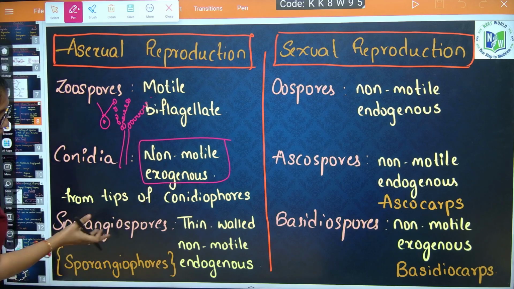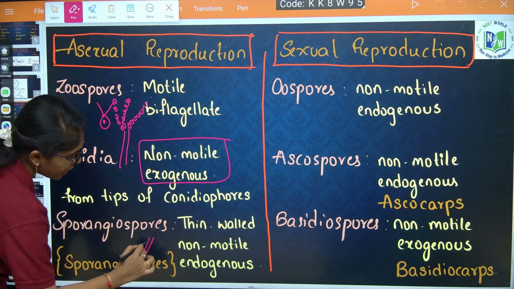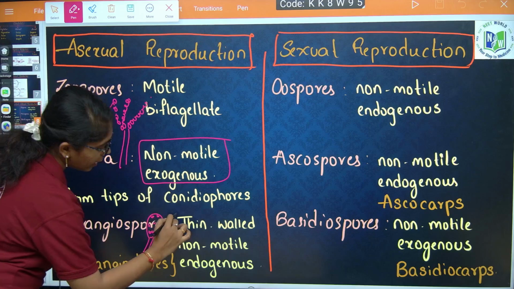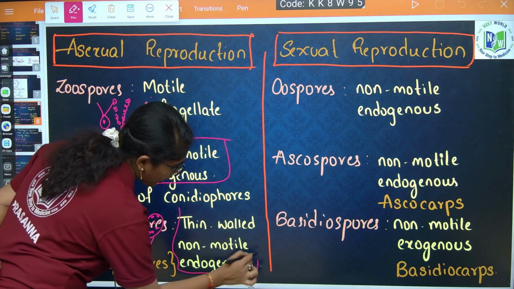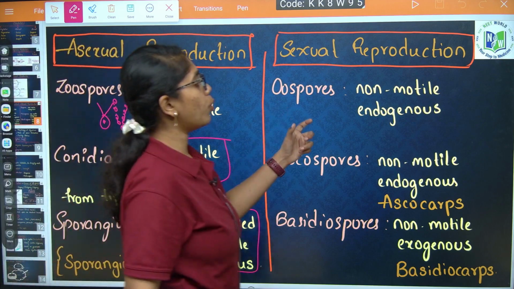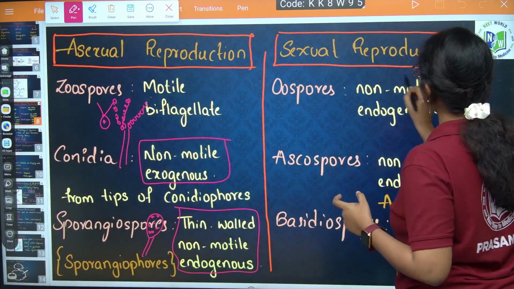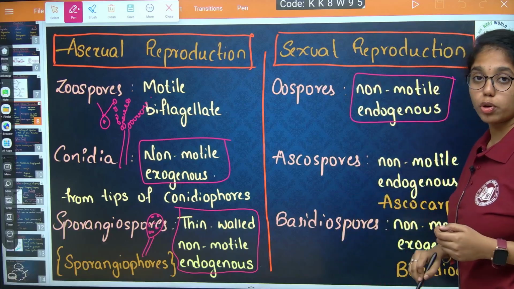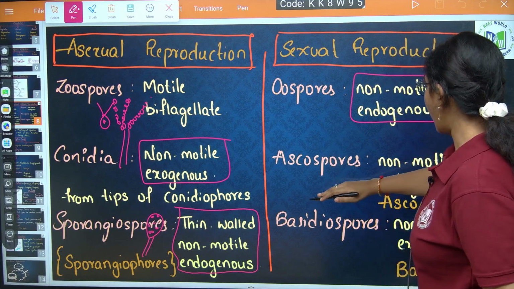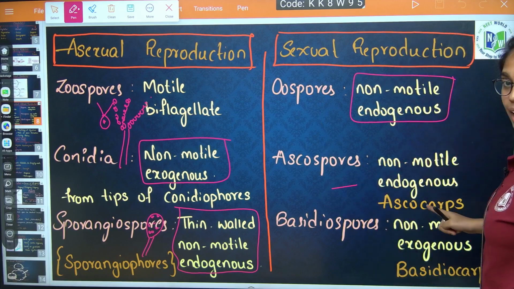Sporangiospores are formed inside the sac called the sporangium. That is why they are thin walled, non-motile and endogenous. Oospores are non-motile and endogenous. Ascospores are non-motile, endogenous.